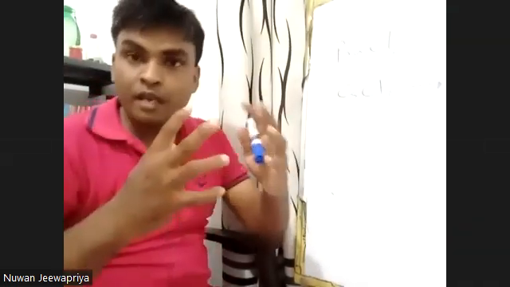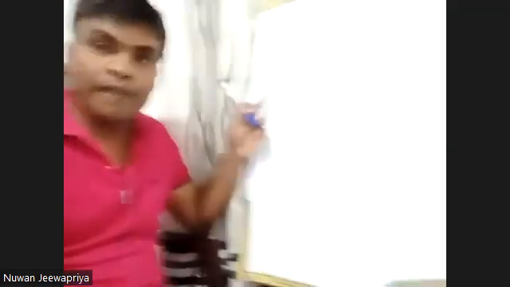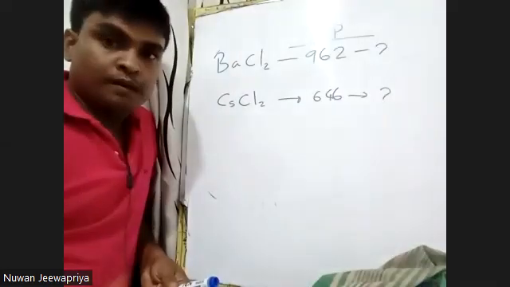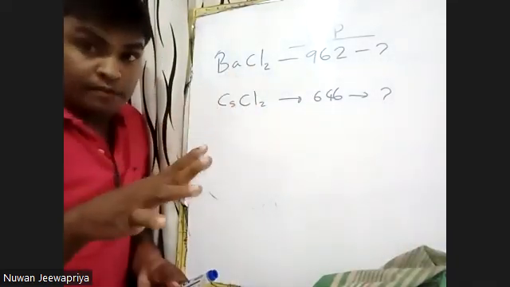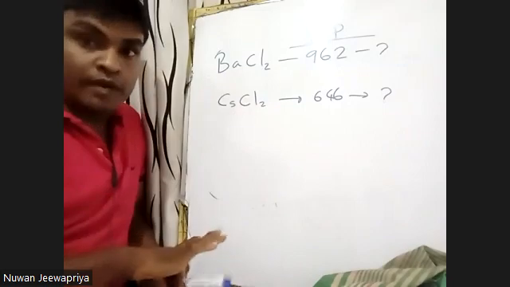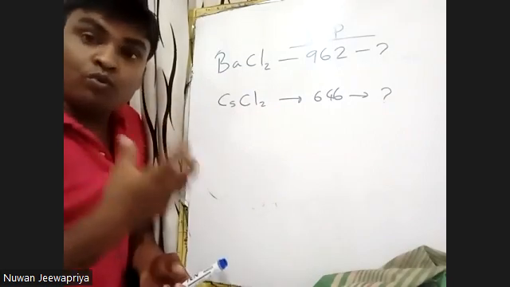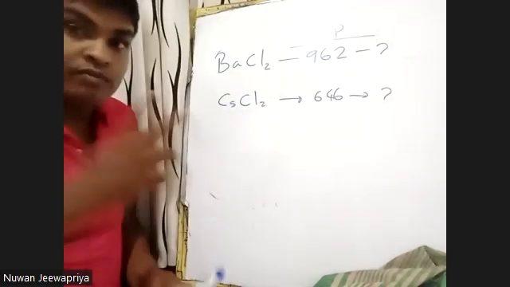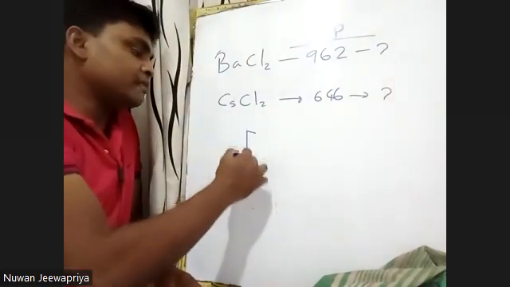Right. Melting point determine how strong a lattice they make. You know, this barium chloride is ionic compound. Cesium chloride also ionic. So how do we find the strength of ionic lattice? To find the strength of ionic lattice, there's an equation.